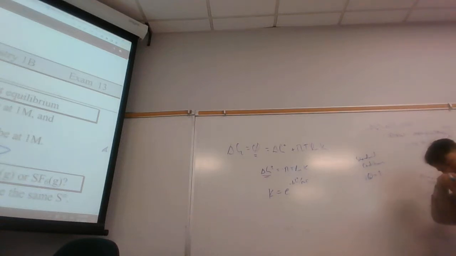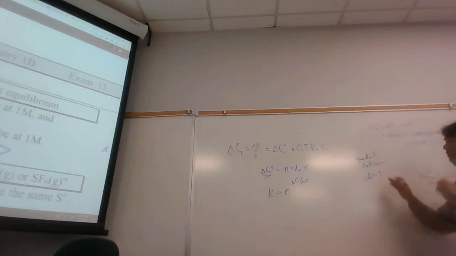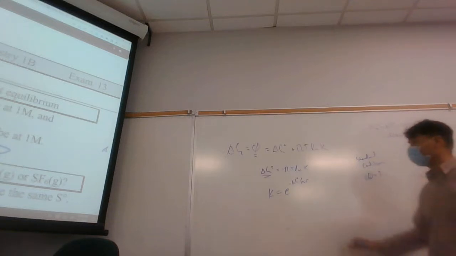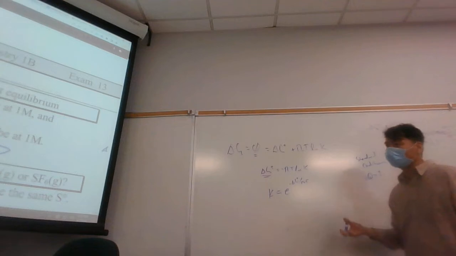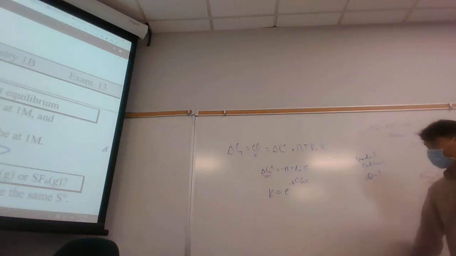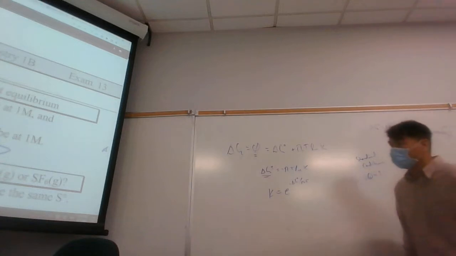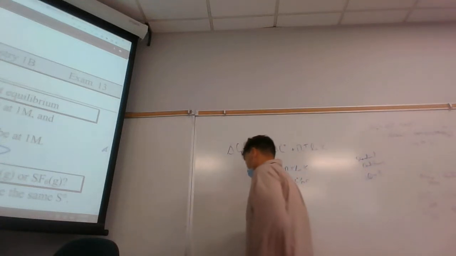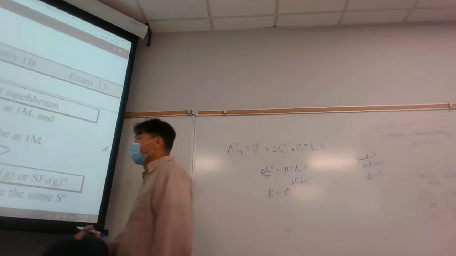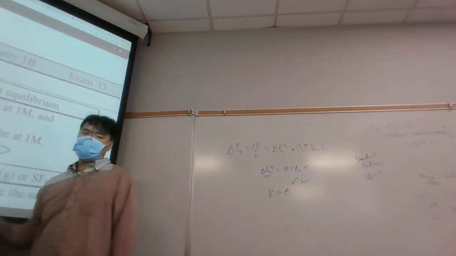But that's not necessarily at equilibrium. And so this would be the driving force. If we're under standard conditions, is there a driving force for forward reaction or reverse reaction? The driving force for forward reaction would be negative, and reverse reaction would be positive. And so we don't know what the equilibrium constant will be.